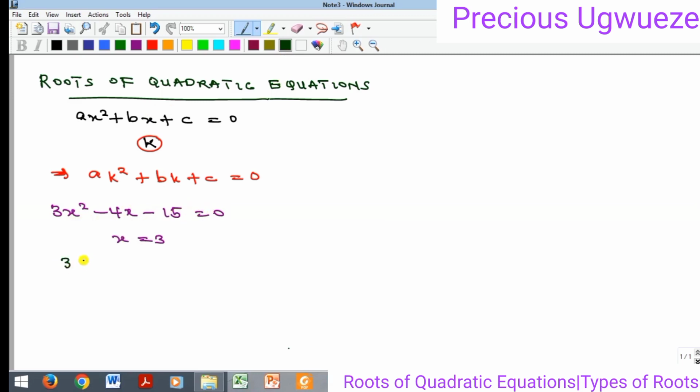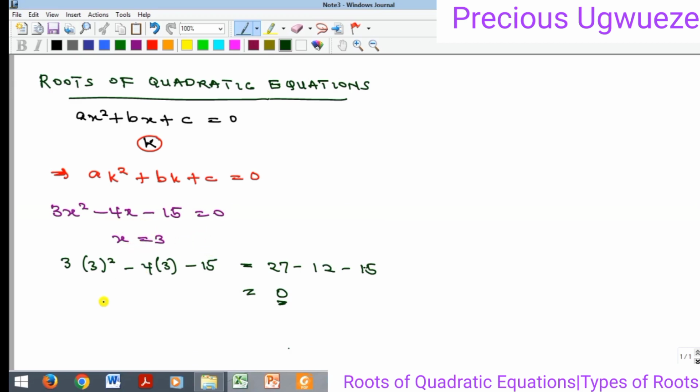If you put x as 3, here you have 3 times 3 squared minus 4 times 3 minus 15. The square of 3 is 9, times 3 is 27. We have 27 minus 12 minus 15, and of course, if you evaluate this, you are going to get 0. So 3 is actually a solution, a root, of this equation.